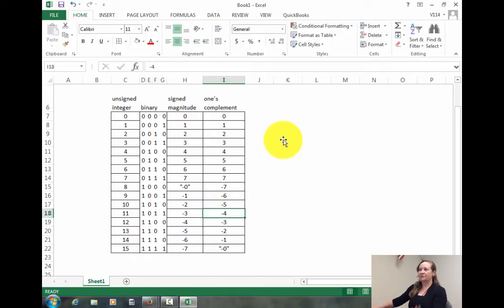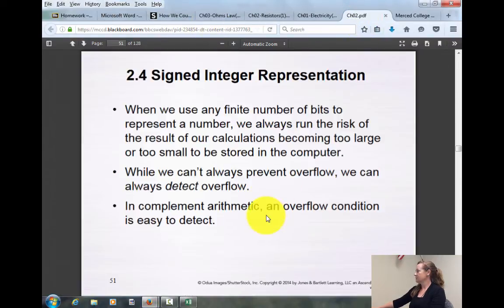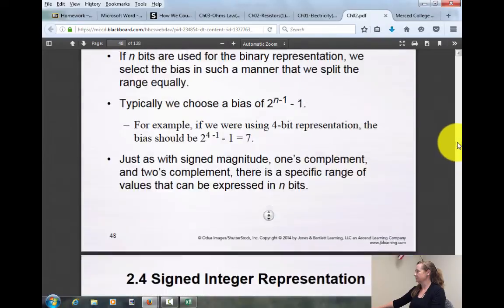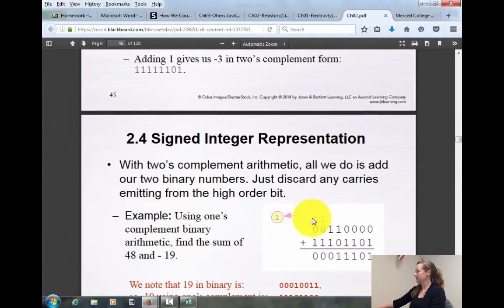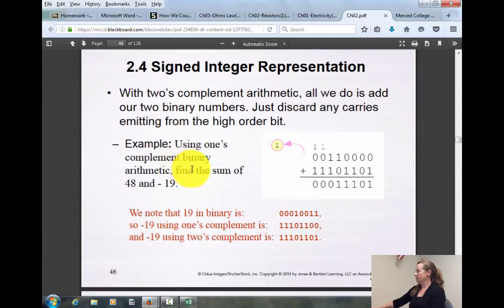But do you remember the problem we had with that carryover? Remember in our slides? Remember we had that carry. Using 1's complement, you don't have to worry about this carry anymore.